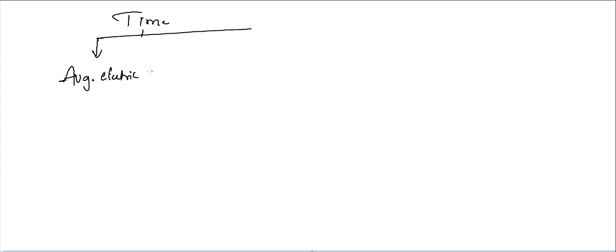One more way we can classify current is on the basis of time, in the form of average electric current or instantaneous current.